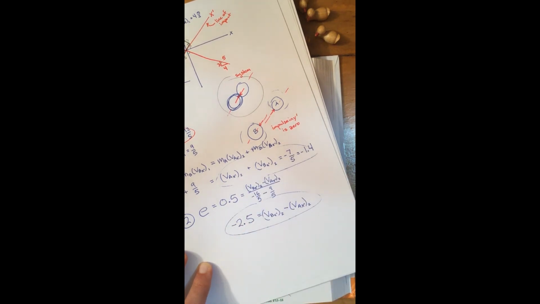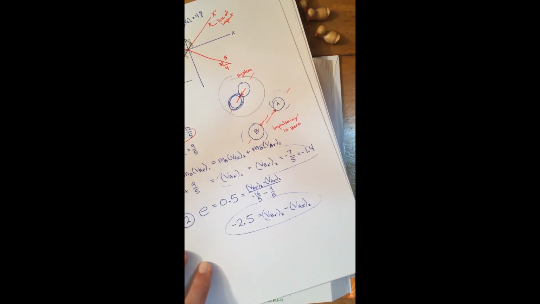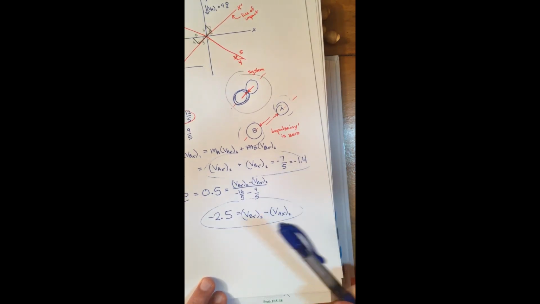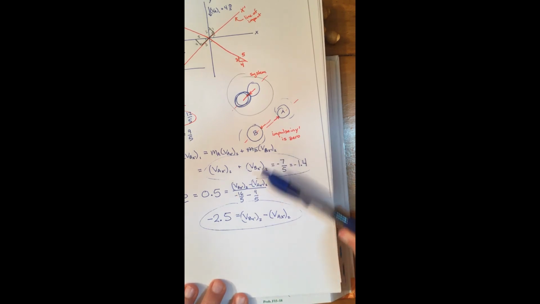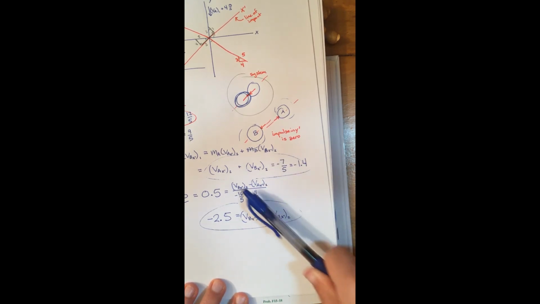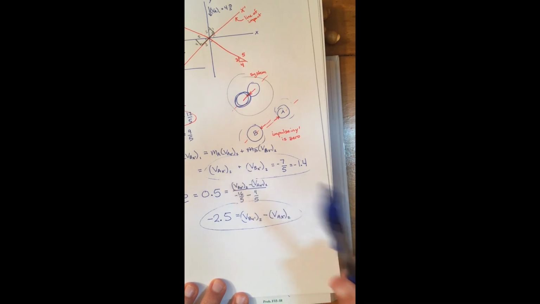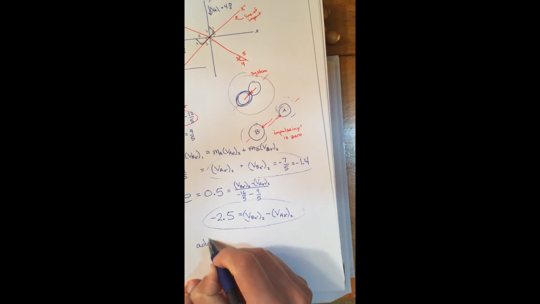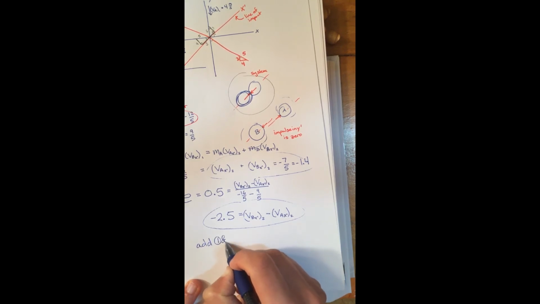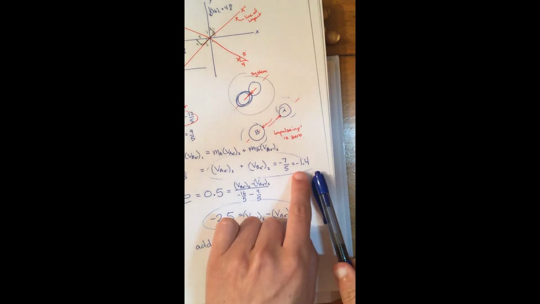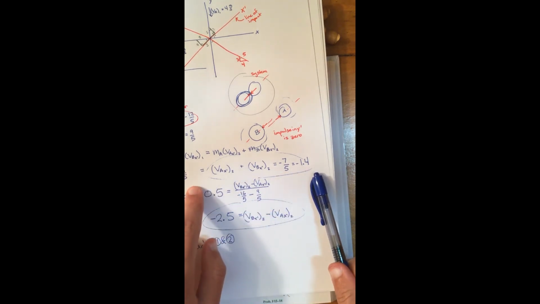Okay, so now we have this and this. My favorite way to solve two equations and two unknowns, if I can, is to just add the two equations together. And in this case, if I add these two equations together, since this is a negative VAX prime 2 and this is a positive VAX prime 2, those will cancel out. So add 1 and 2. And when I do this, I want the negative 1.4 to be on the left-hand side.